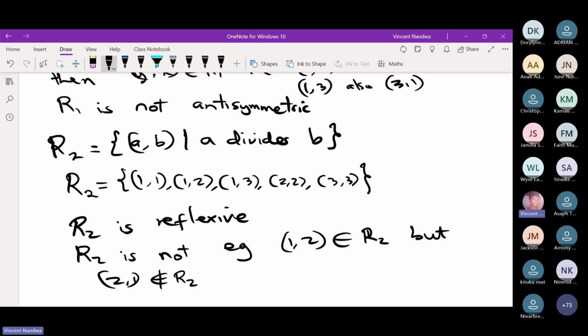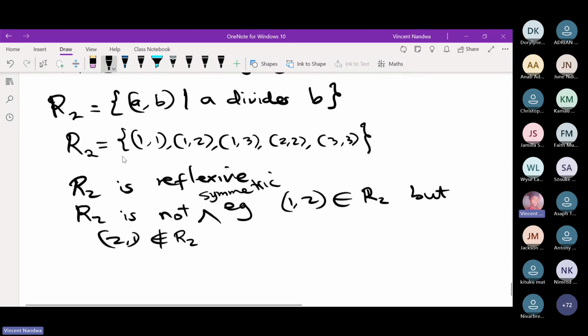So that's the reason you can give. We expect that when you see 1, 2, then you must see the opposite when you change the order. That's the definition of symmetric: when you see x, y in R, then y, x must be in the same relation. But that's not the case here.